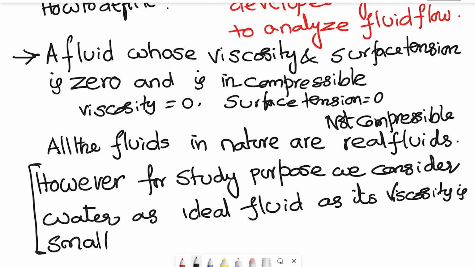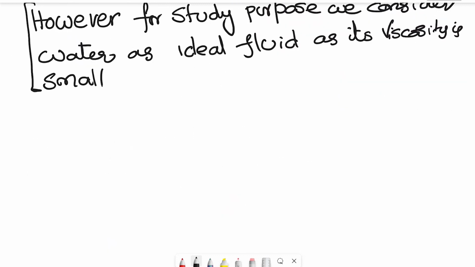So basically, why do we analyze like that normally? Suppose if I assume the fluid is ideal fluid, what is the advantage for me? When the fluid is ideal, there is no resistance.